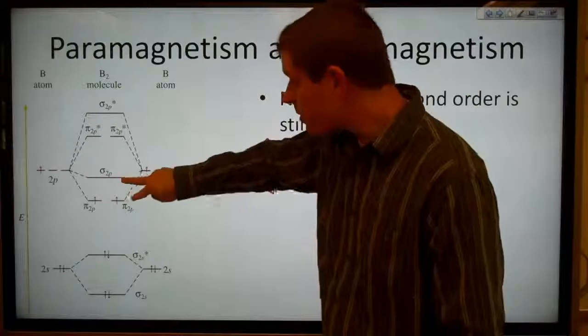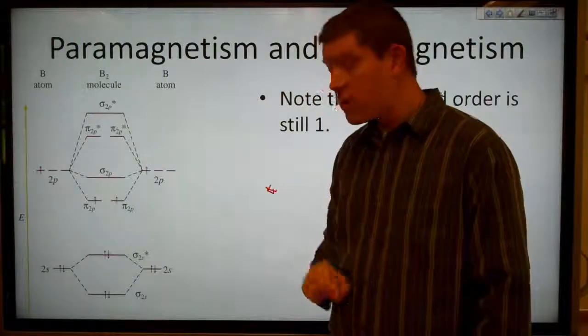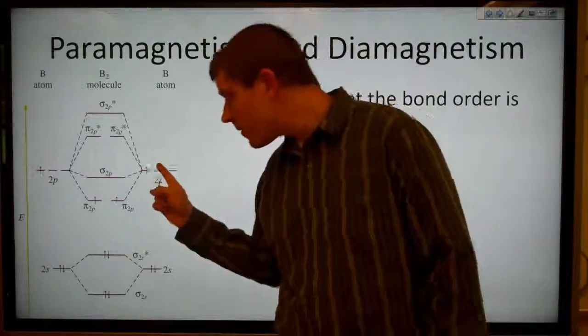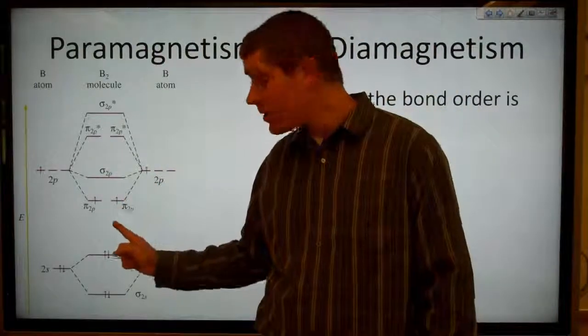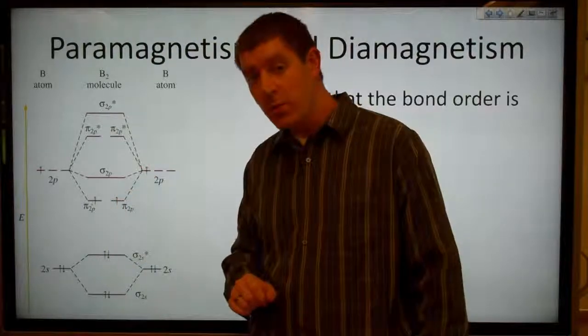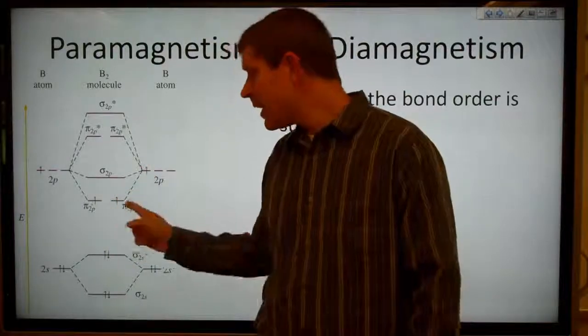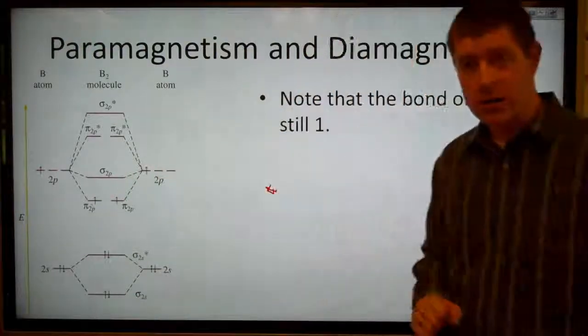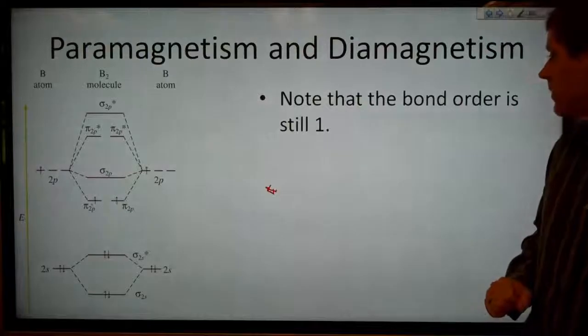The pi 2p orbitals are lower in energy and the sigma 2p orbital is higher in energy. And this now means that because we fill in the lowest energy orbitals first, we fill in our pi orbitals before we fill in our sigma orbital. And that means that now we have some unpaired electrons in there. That now causes our paramagnetism to be seen.